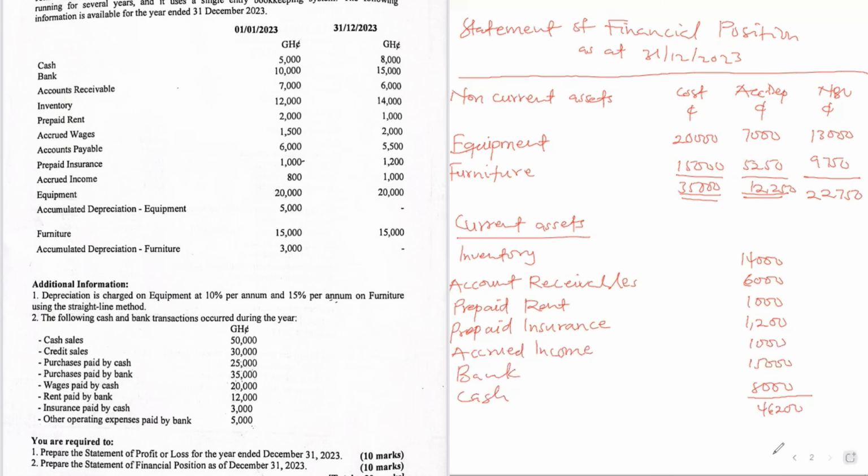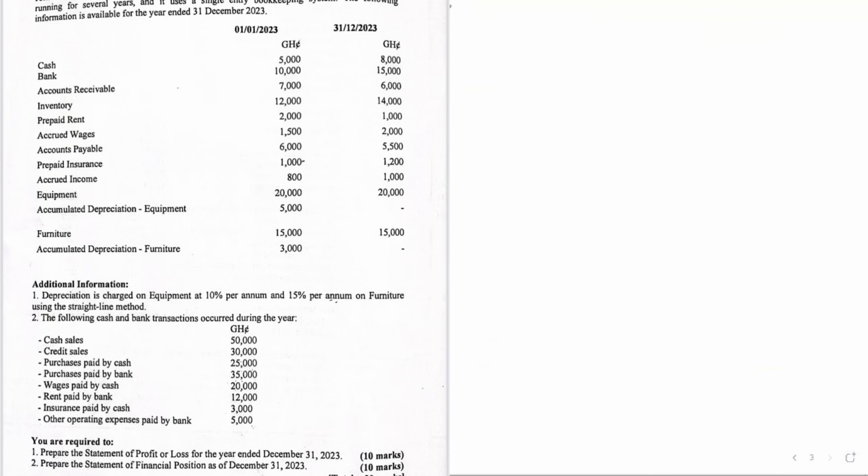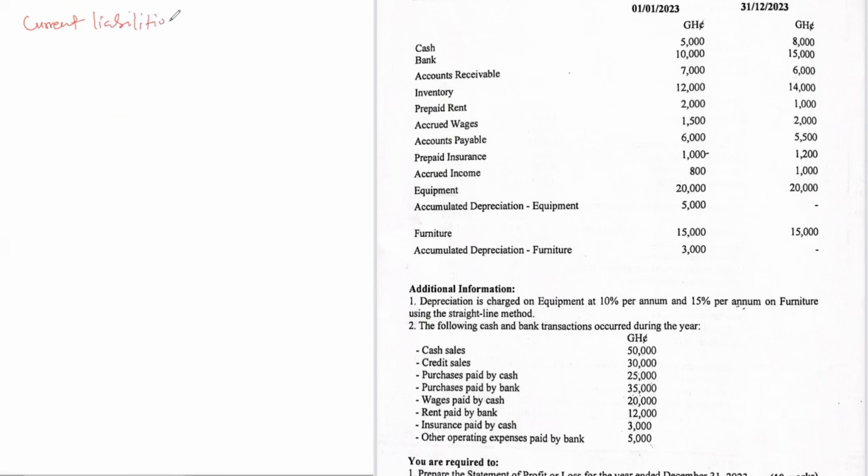Next page, we will calculate our current liabilities. So with the current liabilities, we have the accounts payable, which is 5,500.